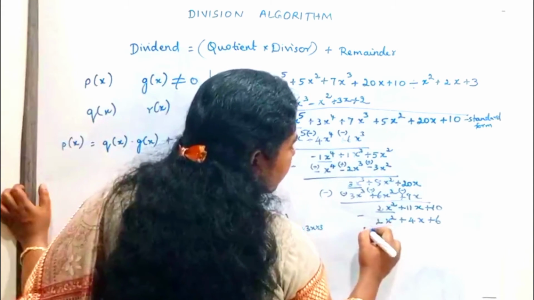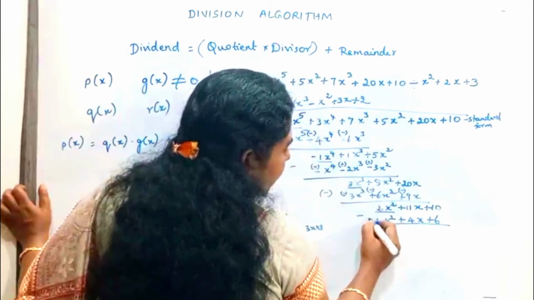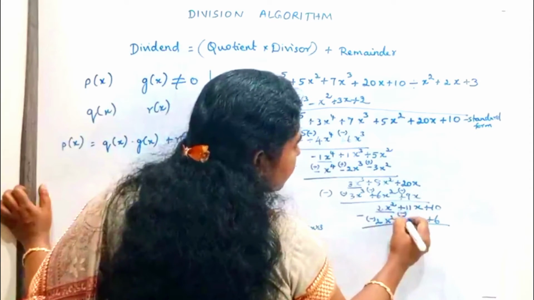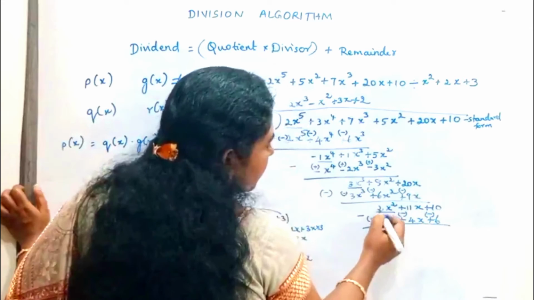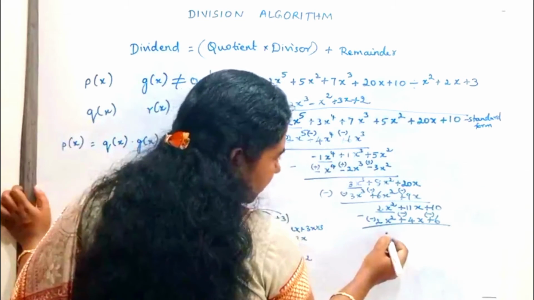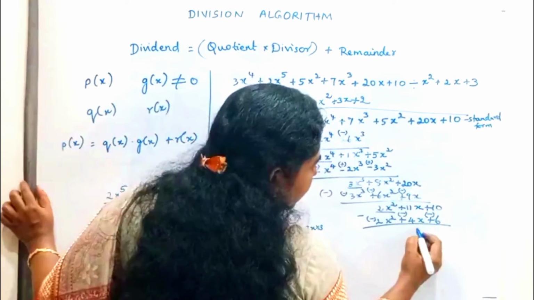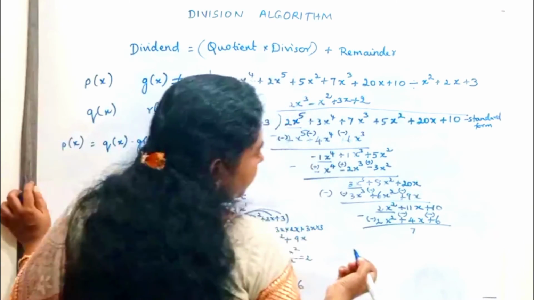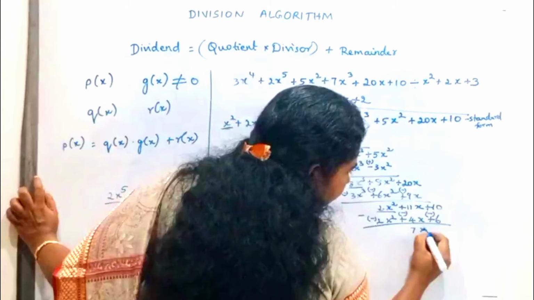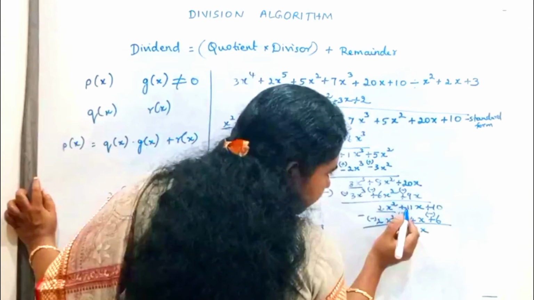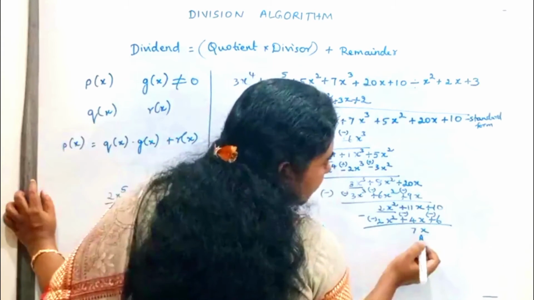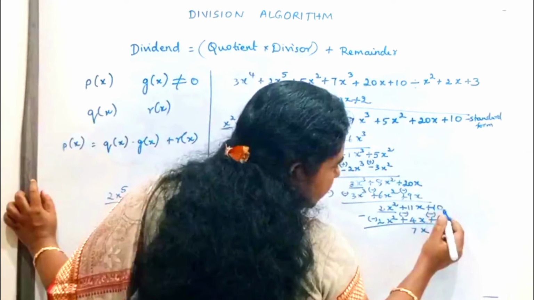Now we have to subtract these both. So here it becomes minus, here it becomes minus, here it becomes minus. So here it becomes 0, so we can ignore. So 11 minus 4 becomes 7, so 7x. Here the greater number has a plus sign, so plus 7x. Next, here it is plus 10 minus 6.